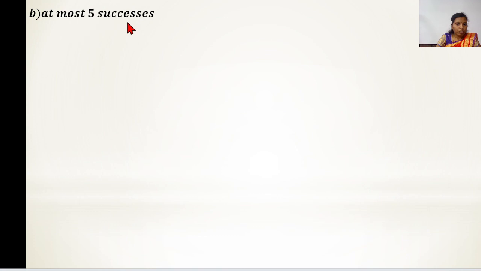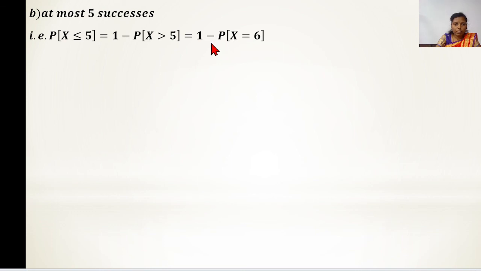Now, at most 5 successes, that is probability of X less than or equal to 5, which means 1 minus the probability of X greater than 5. That is 1 minus the probability of X equal to 6, which is 1 minus 6C6 into (1 by 2) raised to 6.